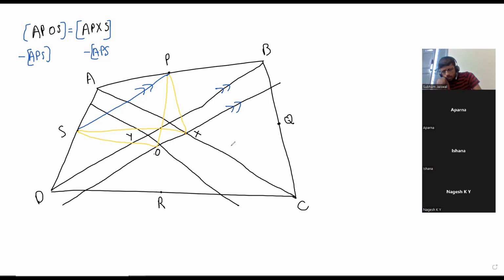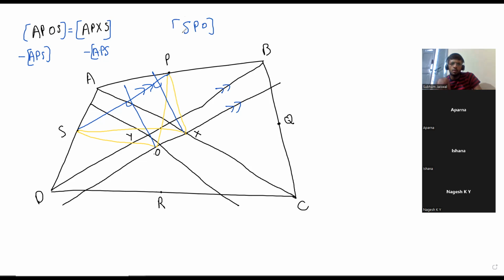So since SP and XO are parallel, when we draw the altitude of the triangles SPO and SPX, it will be equal. And it also has a common base, which is SP. So since the base and height are equal, the two triangles SPO and SPX will have equal area.